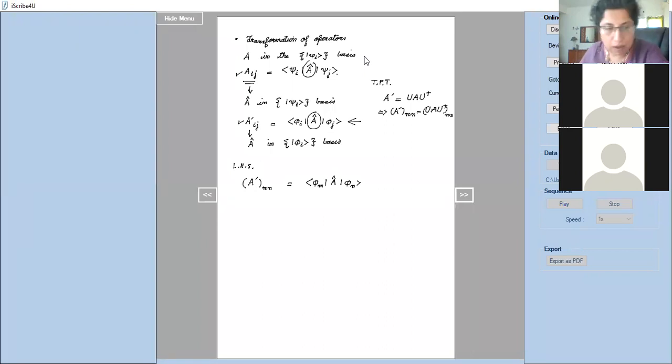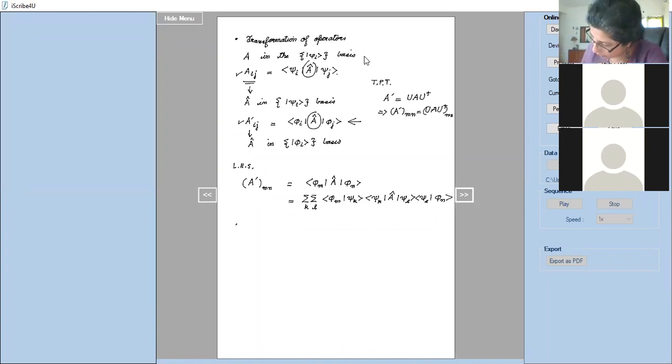Okay. Now let's do one thing. Let us introduce, using the closure relation, two summations now. Summation over k, summation over L, and then we will write it as phi m, and then I will put a psi k, A, then I'll put a psi l, phi n. So please note, I have introduced two closure relations.